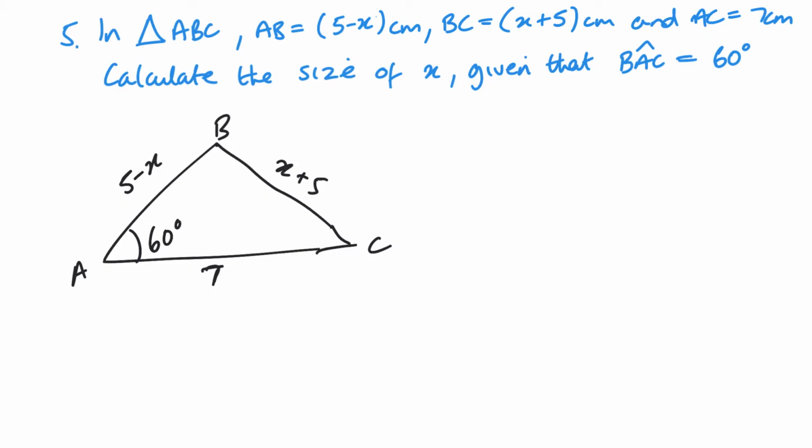So let's label the rest of the triangle. Opposite capital A is small a, opposite capital B is small b, and opposite capital C is small c.